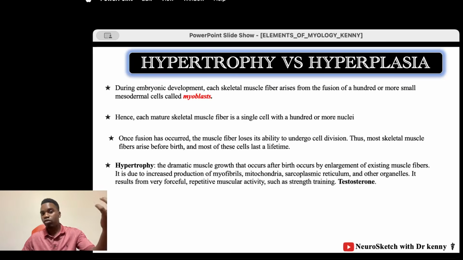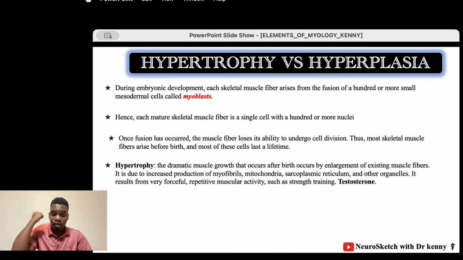As we've seen, we know what a myofibril is, and then mitochondria and all other organelles that are increased within the cell. But also, we know that hypertrophy is a result of very forceful repetitive muscular activity. For example, people who go to the gym to build muscles are looking for hypertrophy.